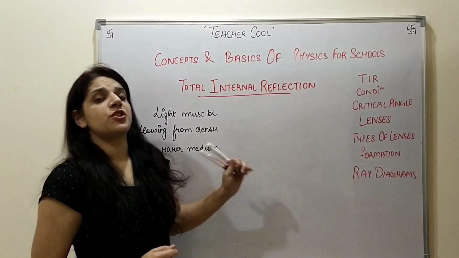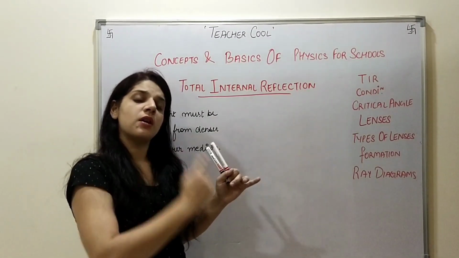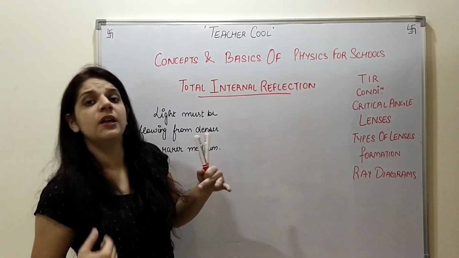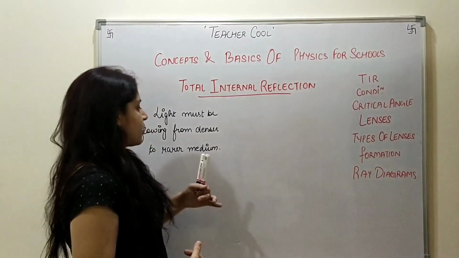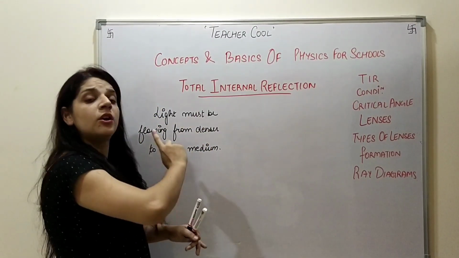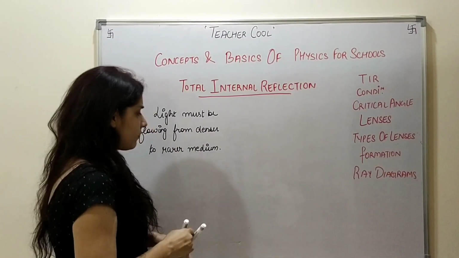Total internal reflection will always occur at the interface of rarer and denser medium, towards the denser medium side. So we will say the light must be flowing from the denser medium to the rarer medium.